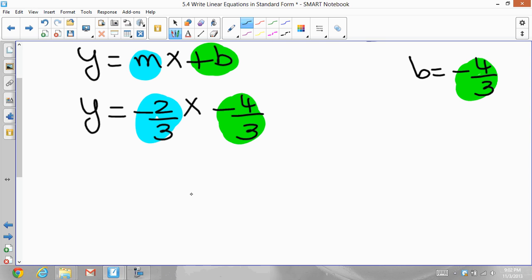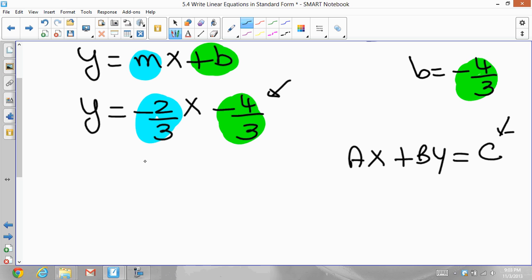Now remember, the question is asking you for the standard form, which means I have to get it like ax plus by equals c, which means I should be getting the constant on one side of the equal sign. Everything else needs to go to the other side.